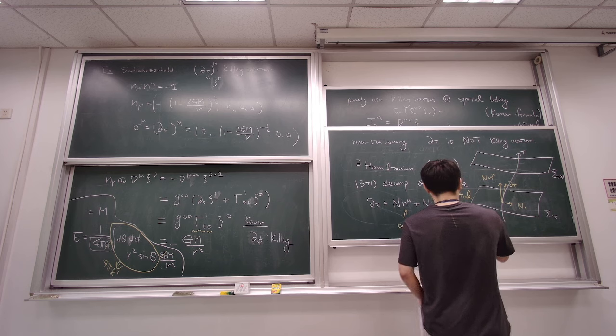And then we just write down the Einstein equation in this variable, and then you just move from Lagrangian to Hamiltonian. That's what we are doing.